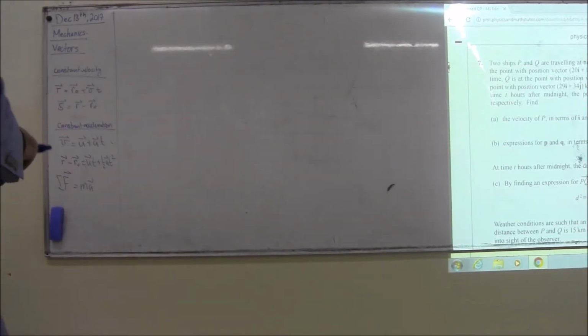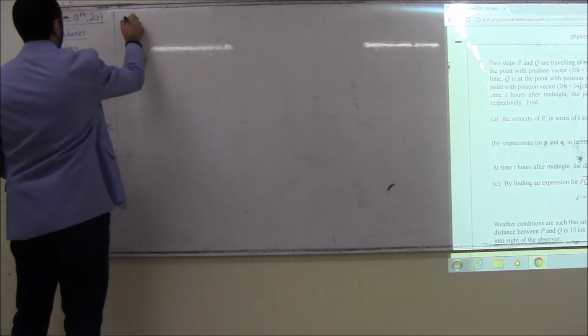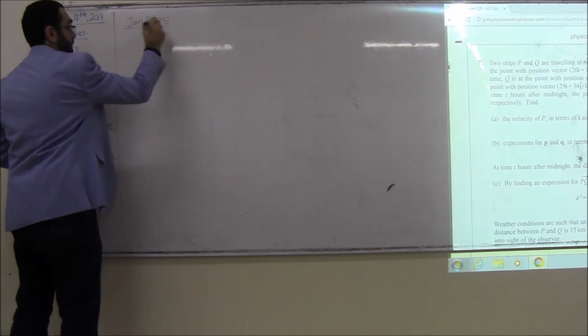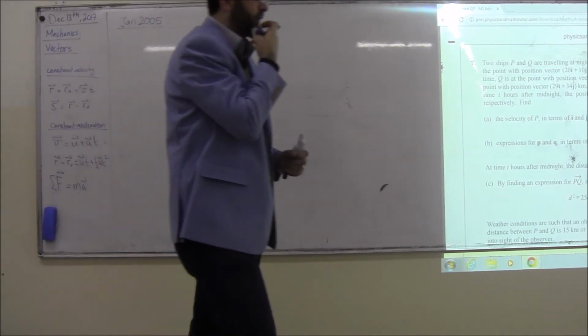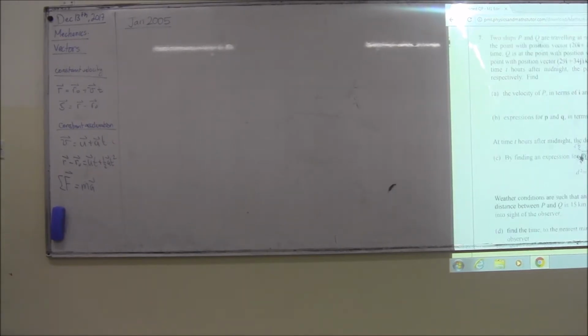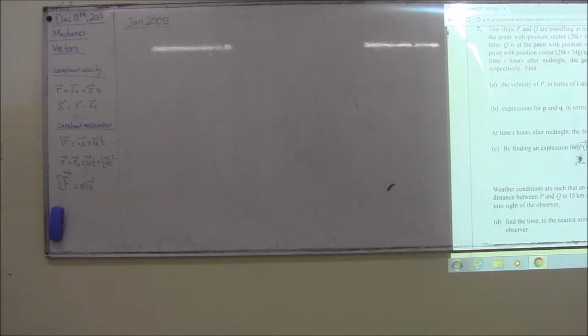We have to start now with question 5, another concept of using the vectors. In question 5, what do we have here? Two ships, right? P and Q are traveling at night with constant velocities. At midnight, P is at the point of position vector. This is the initial one.